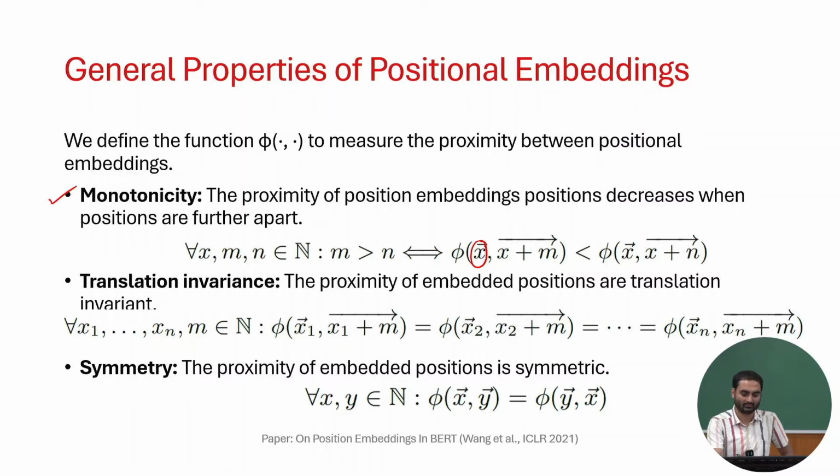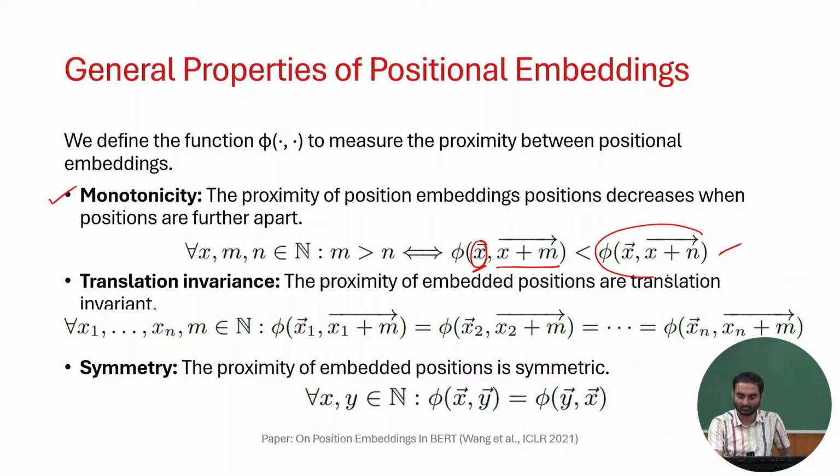Let's say the position x, so this is the vector, right, corresponding to the position, and there is another position x plus m, and x plus n. Okay, if m is greater than n, meaning n comes earlier, so x plus n, x plus m, right? So the proximity between this and this should be higher, the difference should be lower, and the proximity should be higher. If two words are close by, right, they are near, their proximity should be higher.